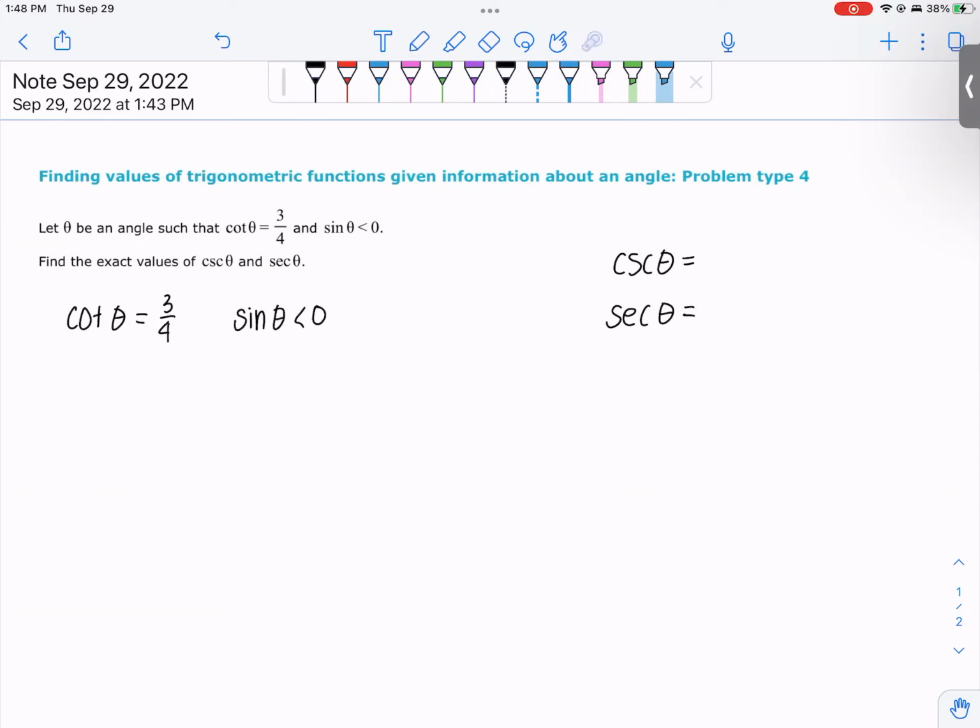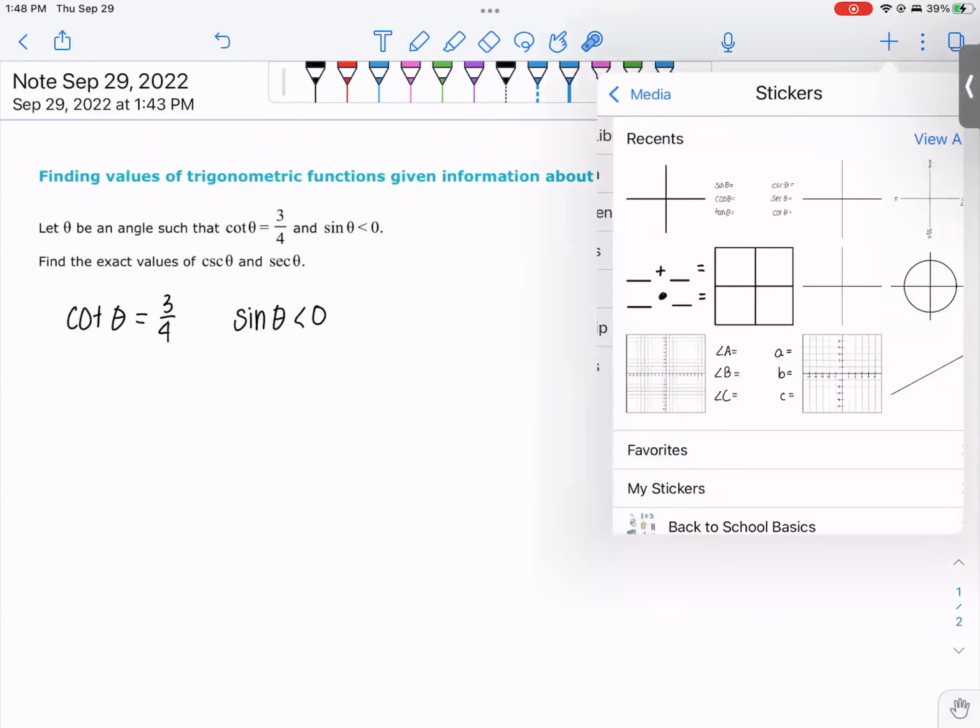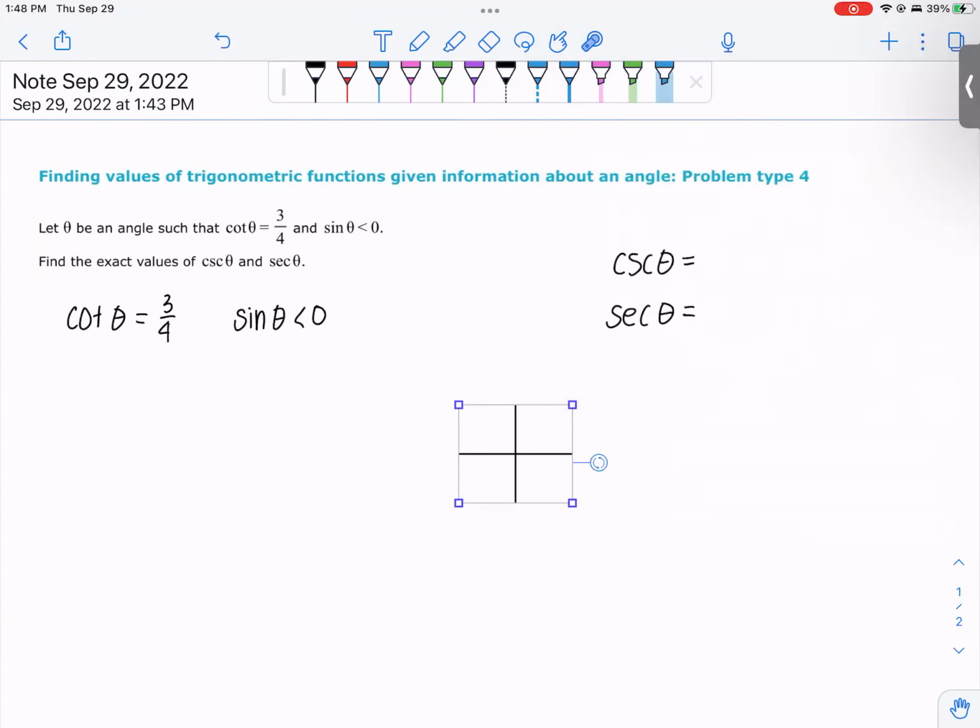The first thing we need to figure out for cosecant and secant of theta is whether these are positive or negative values. My suggestion is always to go with All Students Take Calculus to determine if it's positive or negative. So cotangent is positive 3/4.